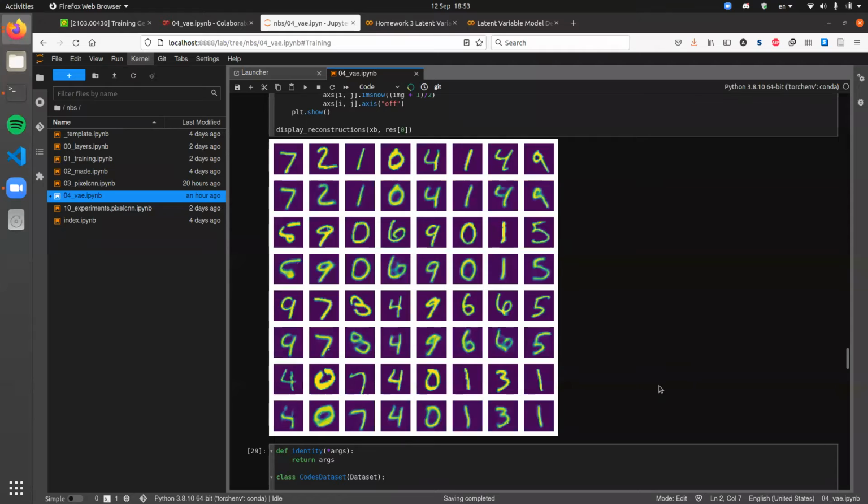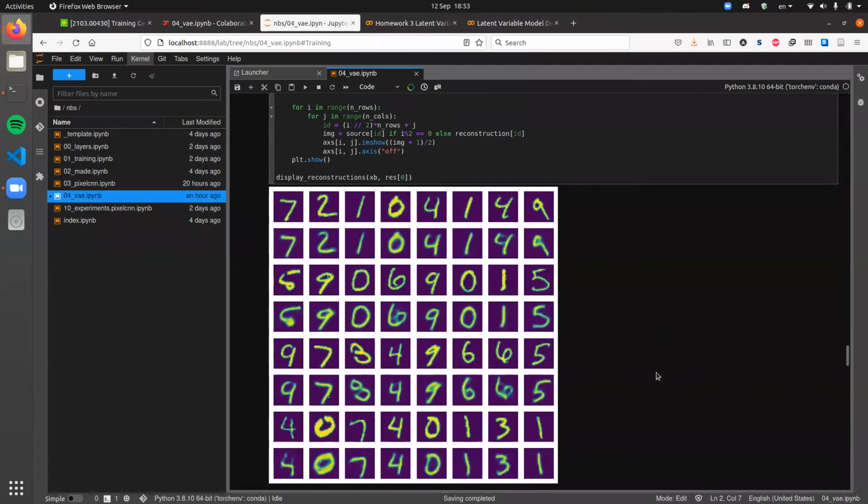And that is true, but now the question is, how do we sample a latent variable that is a valid representation of something that is in our data distribution?